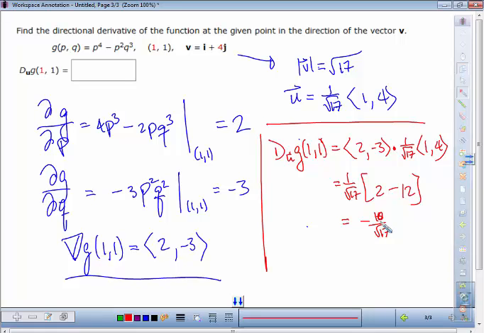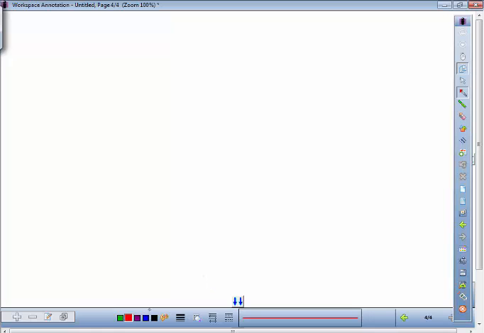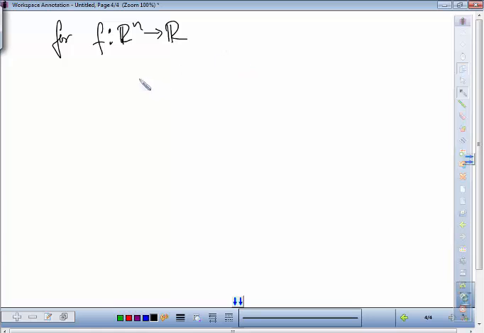All right. In higher dimensions, you simply add more components. And so the formula is going to be the same. Provided that your direction u is a unit vector in R^n, with as many components as n, whatever n is, then it's going to work out to be the same.